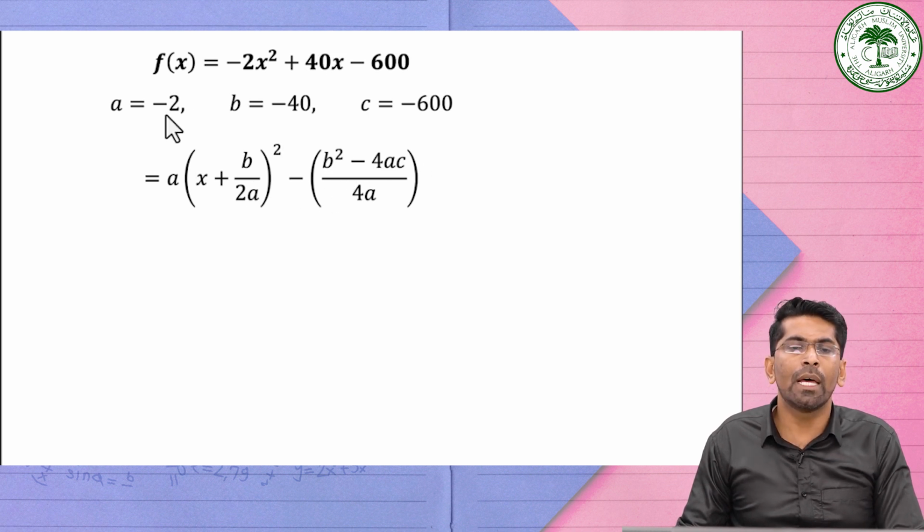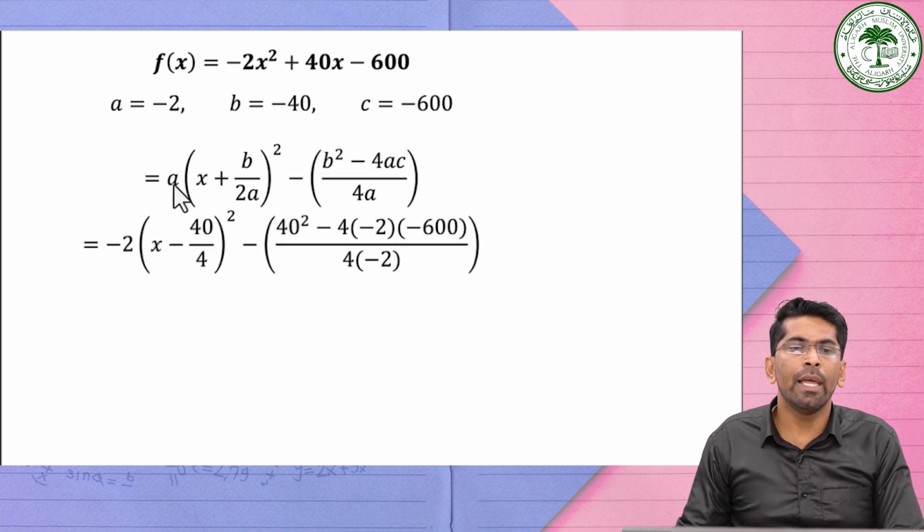Here all the values are given, we just substitute a, b, c in the equation. Then it will become a is equal to minus 2, x minus 40, see b, that is 40, divided by 4 whole square, minus 40 square minus 4 into minus 2 into minus 600 divided by 4 into minus 2.